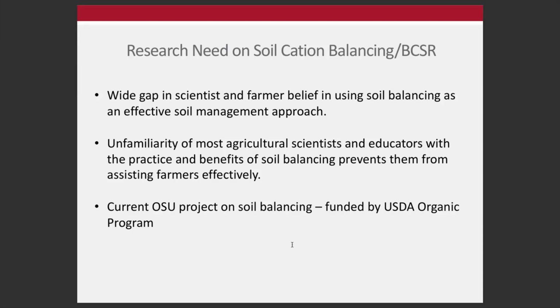Admittedly, we came into this project thinking that farmers were going to say, all we do is calcium-magnesium ratios and nothing else. But we found nothing was further from the truth, especially organic farmers, where they think of managing calcium-magnesium as one piece of an entire suite of practices for soil health, right?